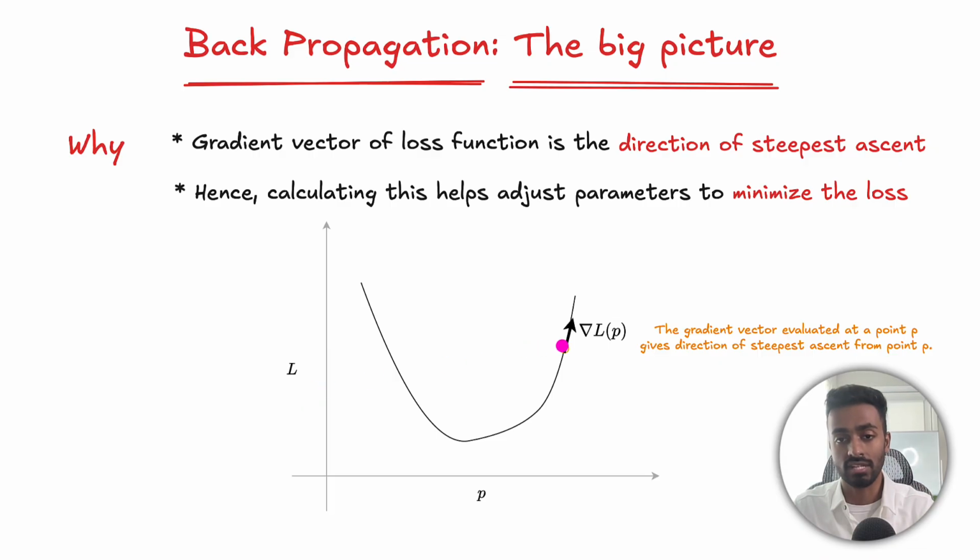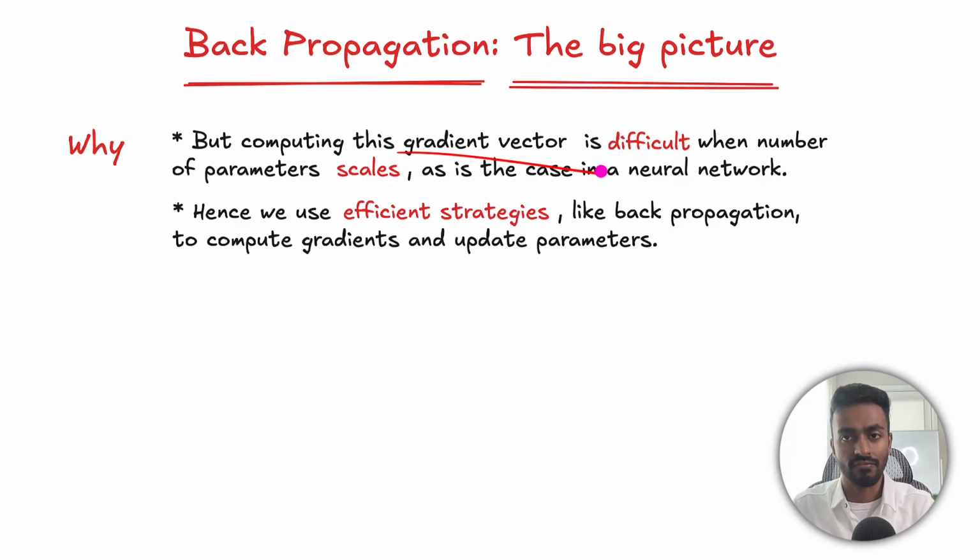So knowing this direction will help us in updating each of these parameter values P. But computing this gradient vector is difficult when the number of parameters scales, as in the case of neural networks in general, and especially convolutional neural networks. Hence we use more efficient strategies like backpropagation in order to compute gradients and update parameters efficiently. So hope that's clear on what backpropagation is and why we would need it.